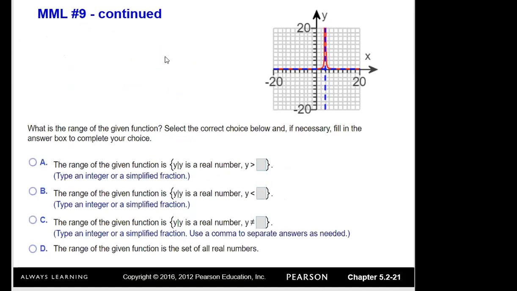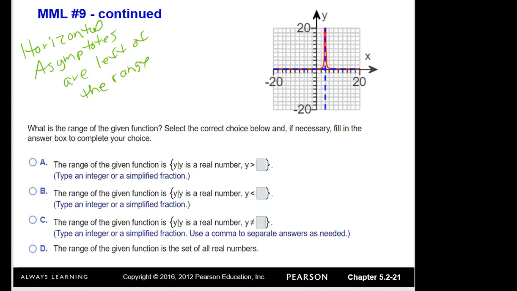And then the range. The range is how this thing looks vertically, and this would be where you have a horizontal asymptote. Horizontal asymptotes are left out of the range.